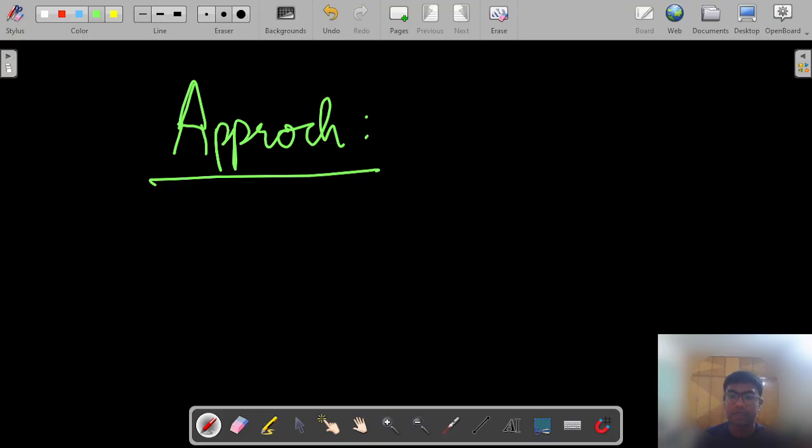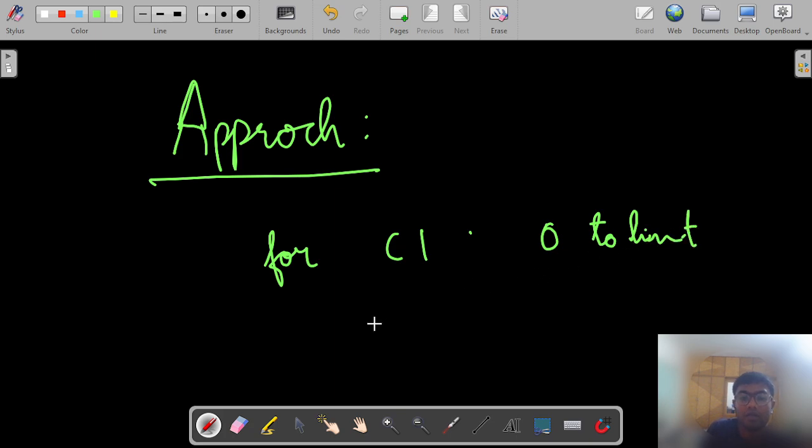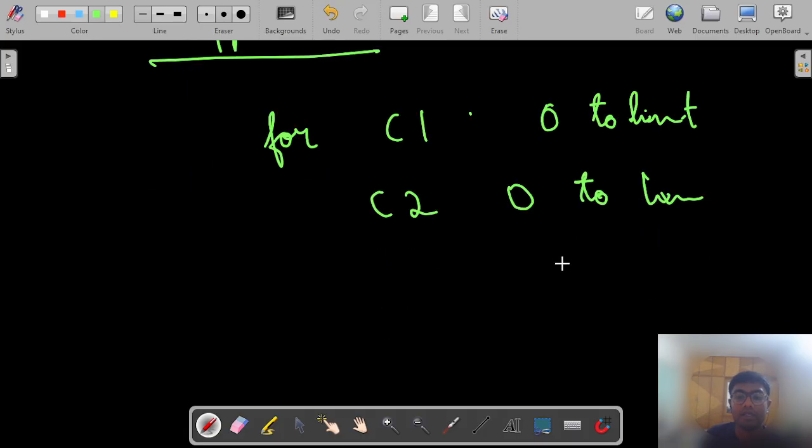In the first approach, we can think about a brute force approach where, let's say, we can have three for loops, one for C1, where we start from 0 to limit, and similarly a C2 child which would also go from 0 to limit, and finally a C3 child which would be n candies minus C1 minus C2.